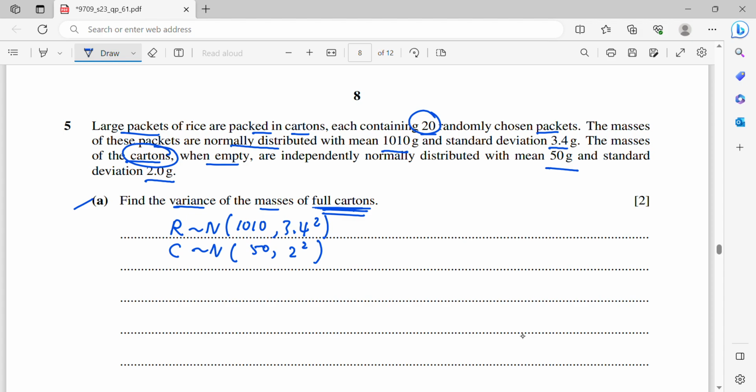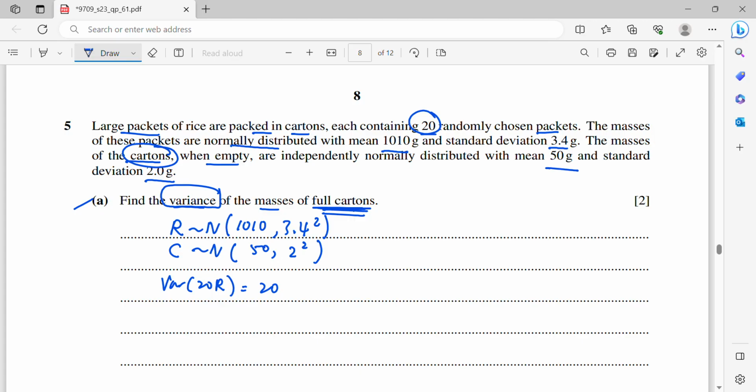Now full cartons means 20R together with the empty cartons. We are concerned about the variance, so I will not get the whole distribution for 20R. I will just write the variance of 20R. It will be 20 because it's 20 packets.